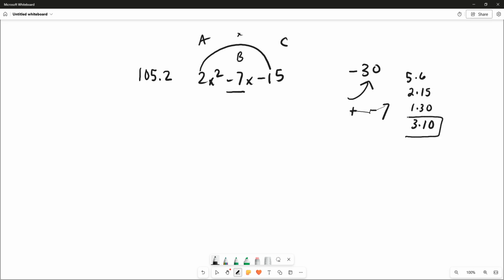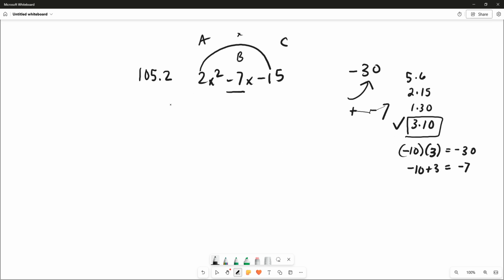Well, which combination could I get a 7 with? It's going to be the 3 and the 10, right? So if I had a negative 10 times a positive 3, that would equal a negative 30 when I multiply them together. And then if I added those two together, I would get a negative 7. So this is the right one.